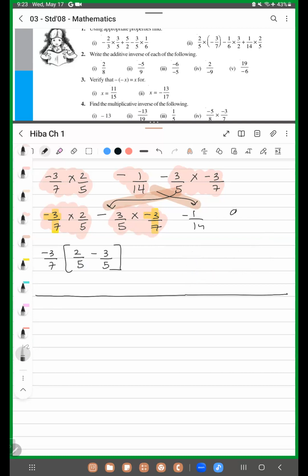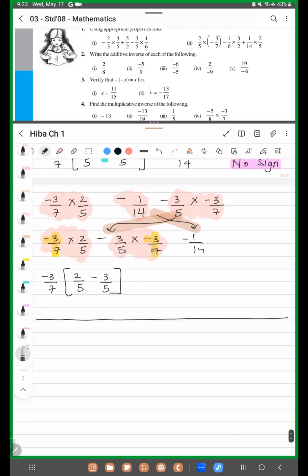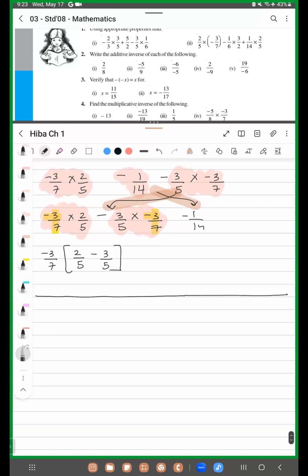And here, which property are you using? Distributive property of multiplication over subtraction.